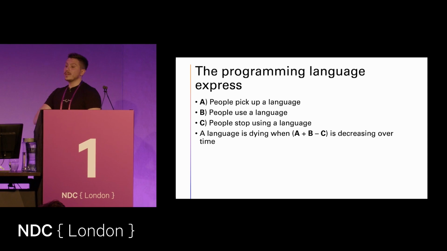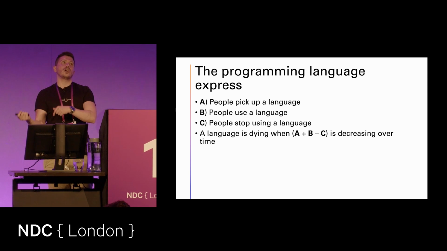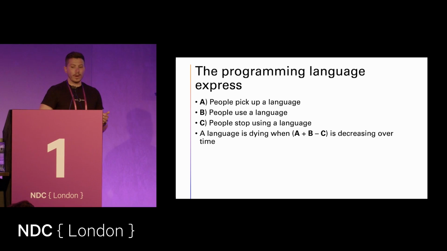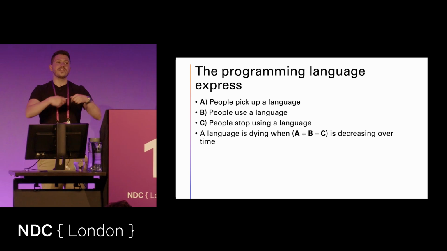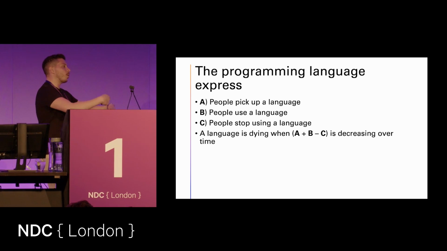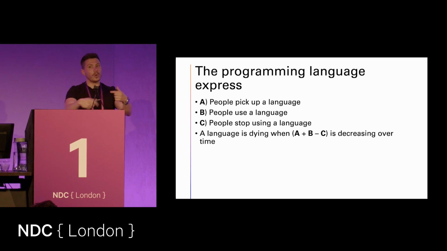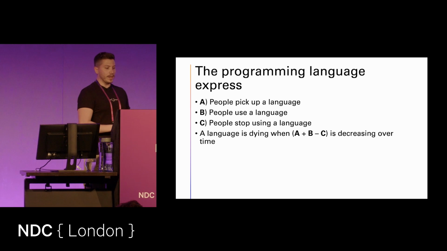If the people ditching the language are more than the people picking up the language and using it, then we have a problem. And there's a bit of a catch-22 when it comes to programming languages, because the more people use a language, the more people will use a language, and the fewer people that use a language, the more people will stop using a language. It's an interesting dynamic, but it is how it is.